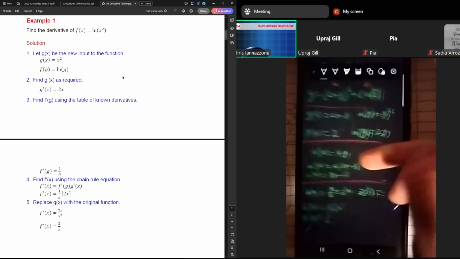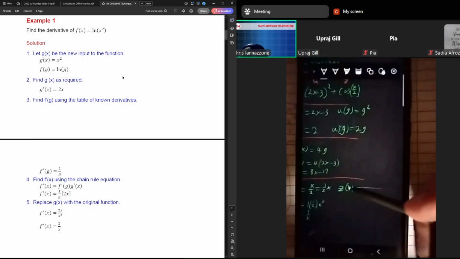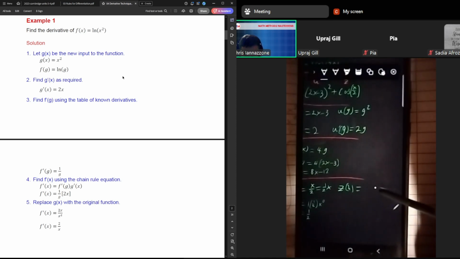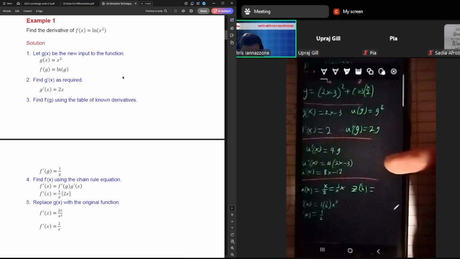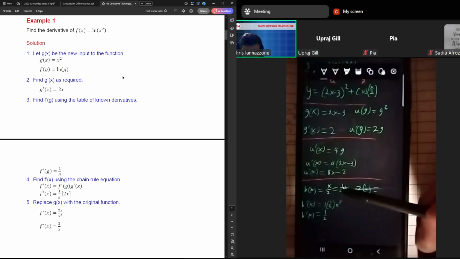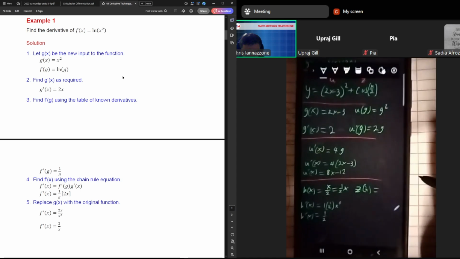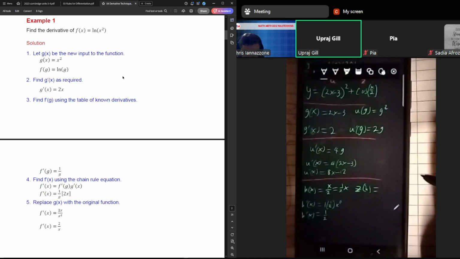So z of h, if I were to rewrite that, what does z of h actually look like? I guess a reminder that h is over here, and z is here. Is it h over 2?